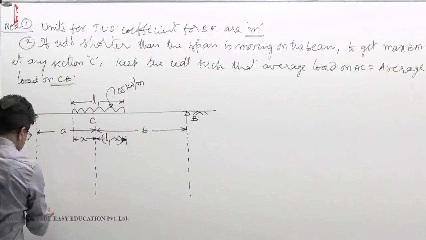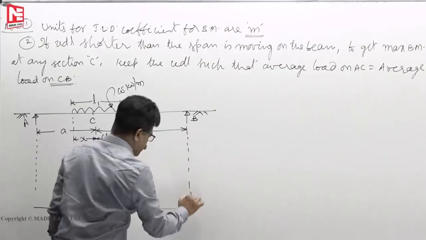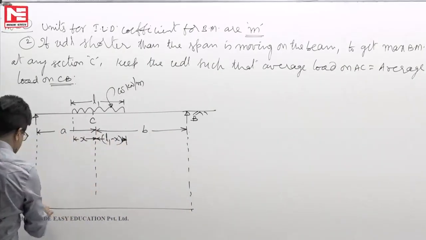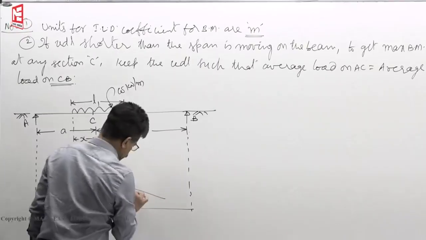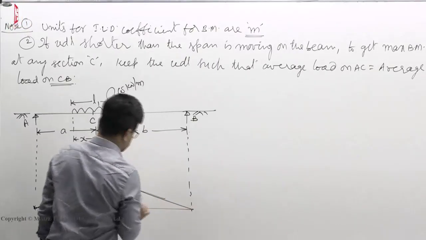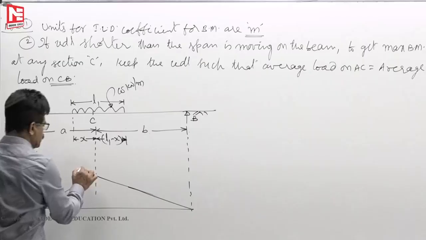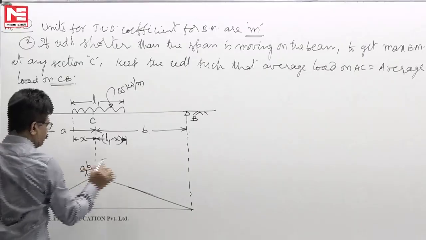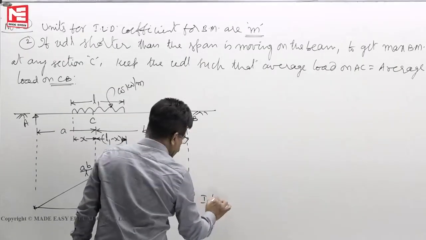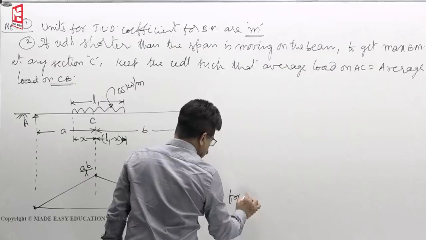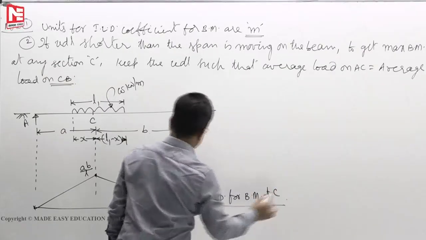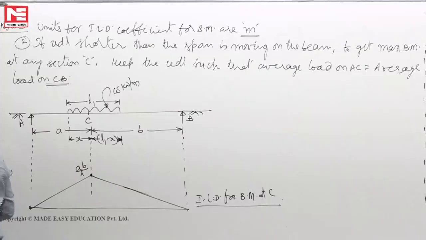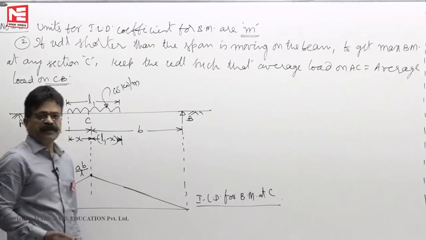Now, ILD for bending moment at a section C we have drawn already. It will go something like this. This is ab by L. This is your ILD for bending moment at C. This is what you have learned.